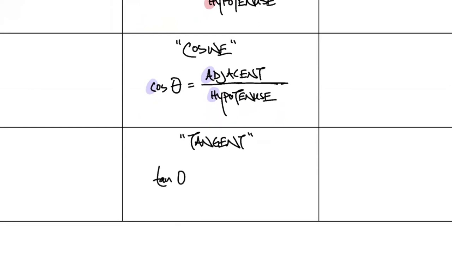So tangent of theta equals opposite over adjacent. Oh, I wrote this wrong. This is supposed to be adjacent. And that is our TOA. Okay.